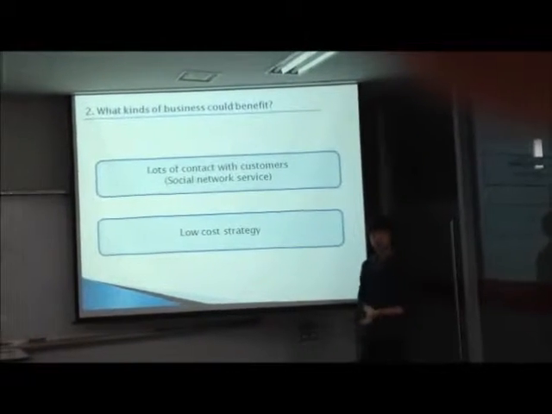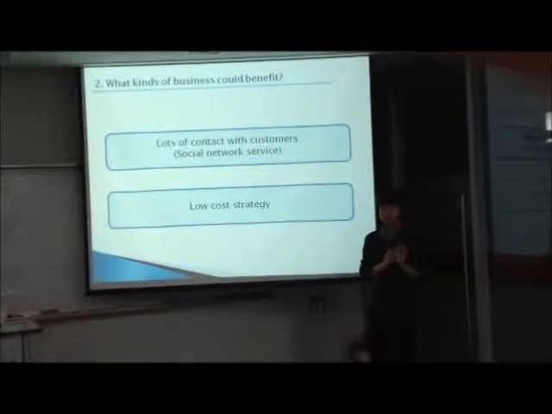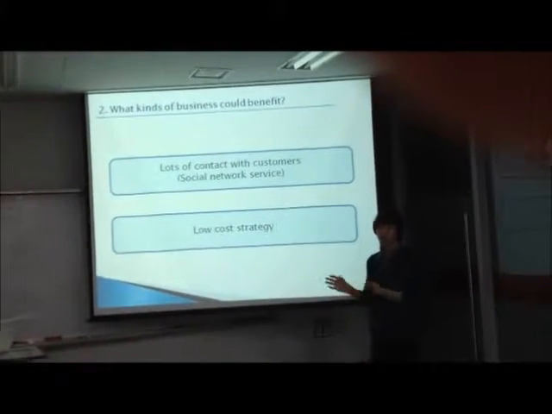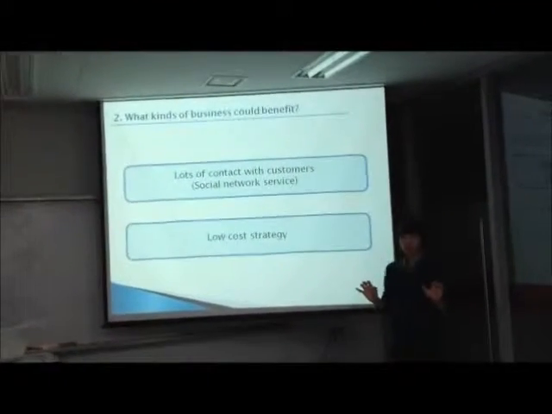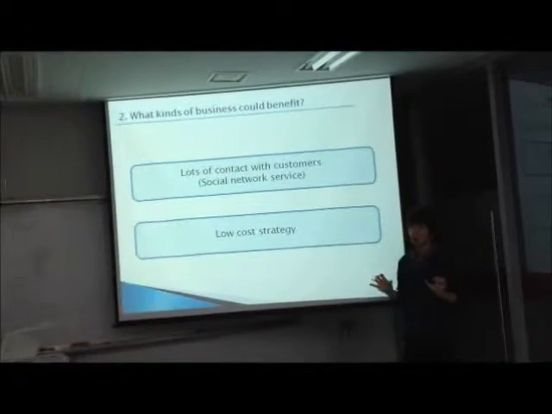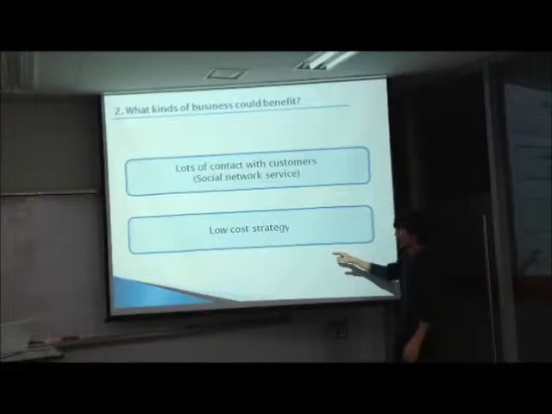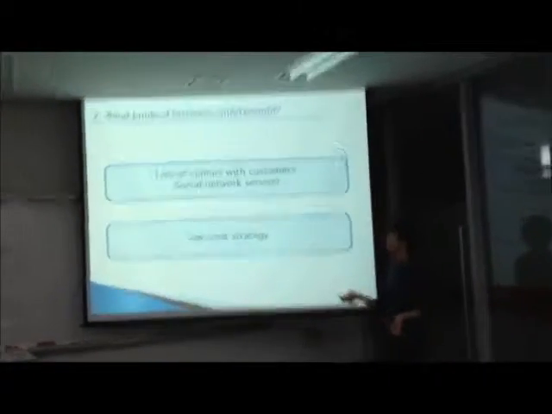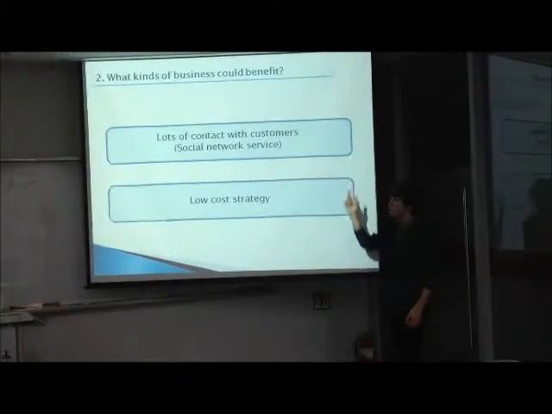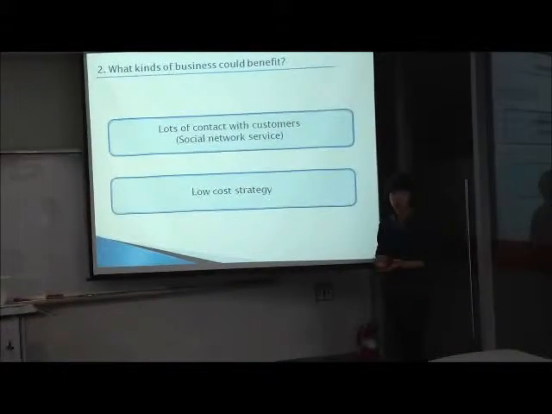You can remember Apple and GE as IT companies and Facebook as an SNS company. These companies have lots of contact with customers and begin with a low cost strategy. Their commonality is the answer to the main question: what kinds of business could benefit? The answer is IT companies and SNS companies.